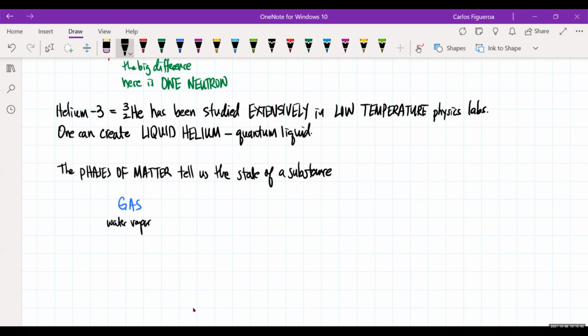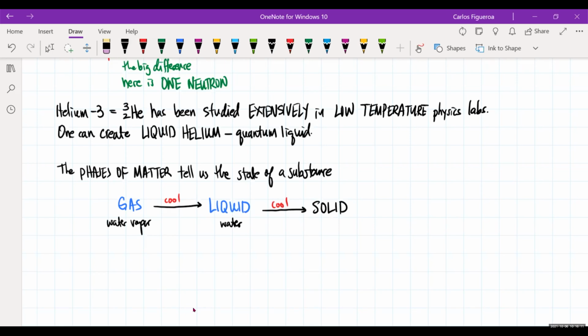If you cool water vapor, okay? So if you cool water vapor, what happens? You get a liquid. And what is that liquid called? It's called water. But if I continue to cool liquid water, I can create a solid.